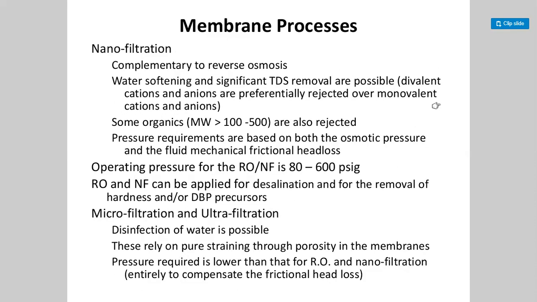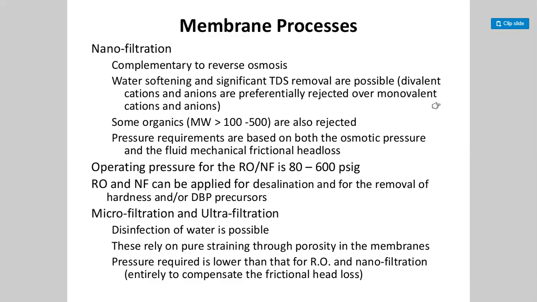Nanofiltration is complementary to reverse osmosis; water softening and significant TDS removal are possible. Divalent cations and anions are preferentially rejected over monovalent cations and anions. Some organics with molecular weight greater than 100 to 500 are also rejected.